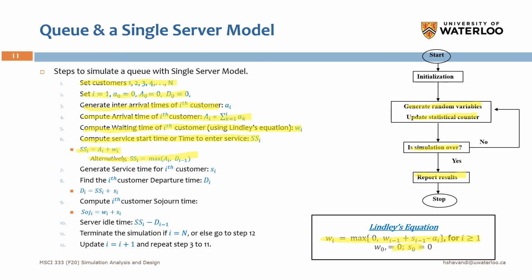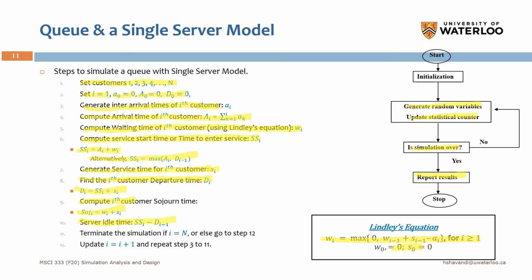Then we generate the service time for the ith customer si, again based on the random variable, and then we find the ith customer departure time di, which will be ssi plus si, and we can obtain the sojourn time, and the server idle time will be ssi minus di minus 1.